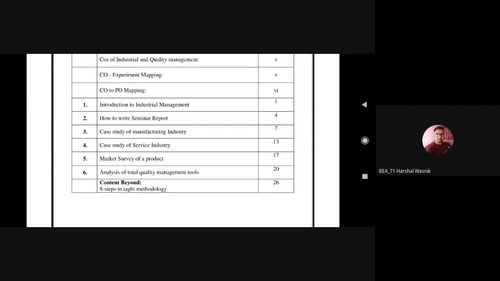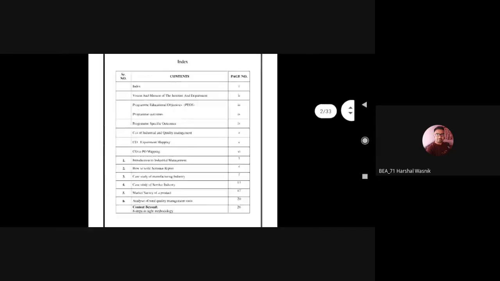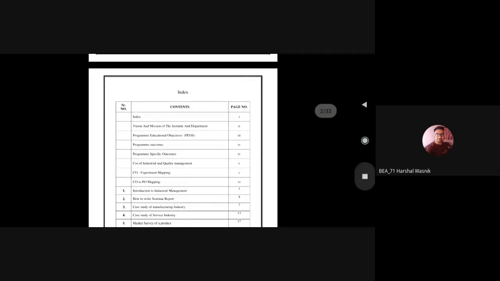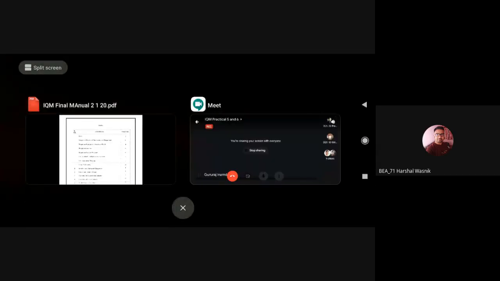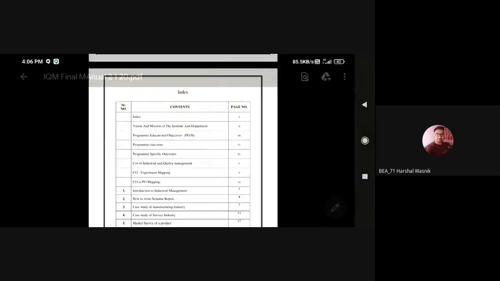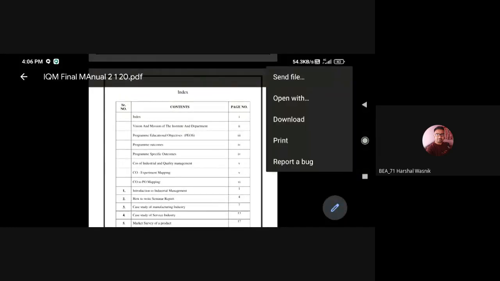In the morning lecture we already started the various tools of quality control, like benchmarking. So we can say the content beyond the syllabus will not be outside IQM. We will continue that content beyond syllabus in the lecture part. I will share that manual in our group also.